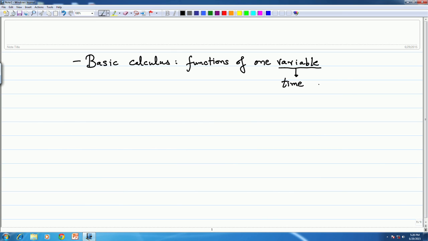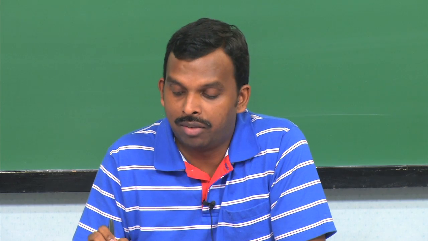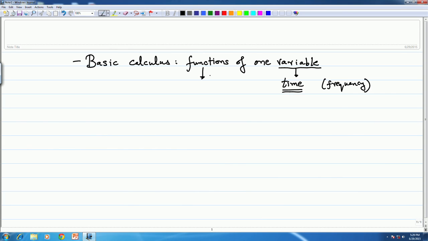Later on, we might also have variables such as frequency, etc. But to start off, you can think of the variable that we have as time, and these functions in our case will typically represent voltages or currents in a circuit.